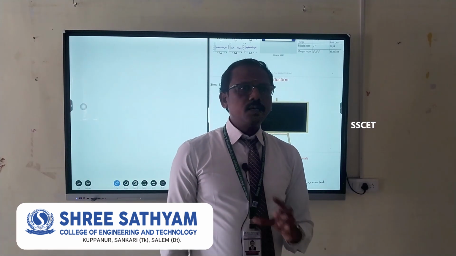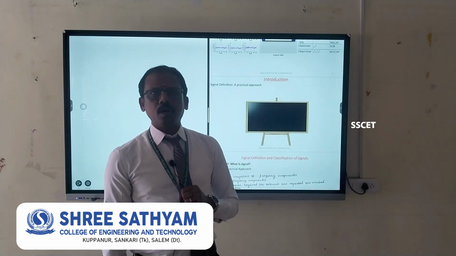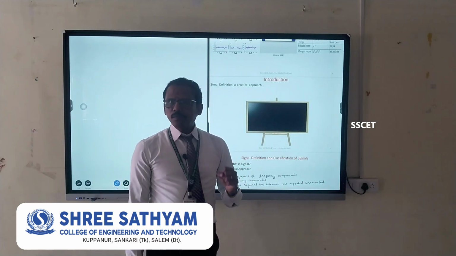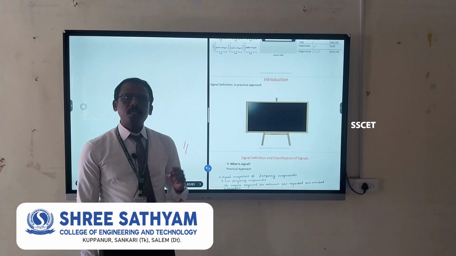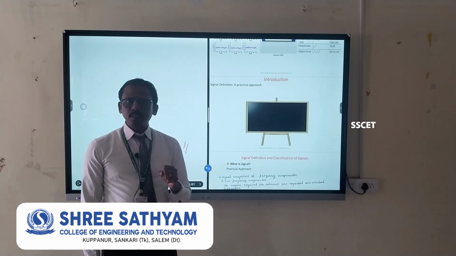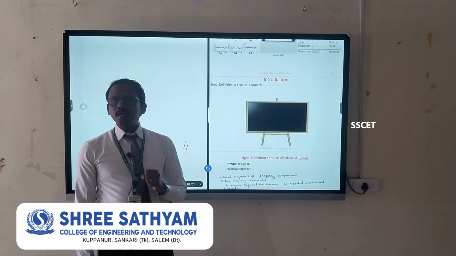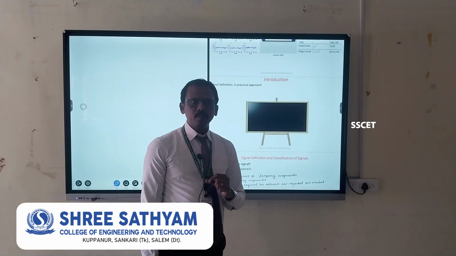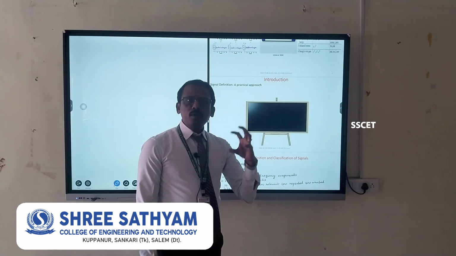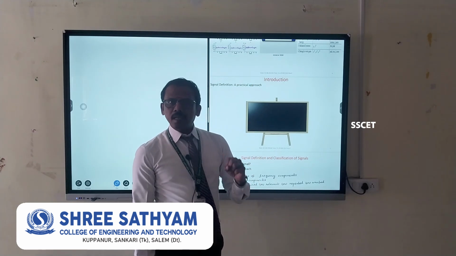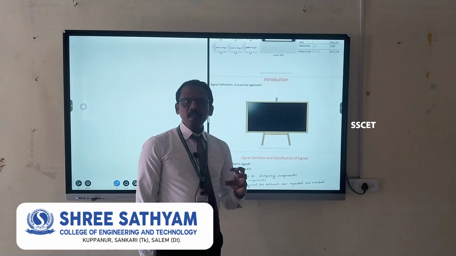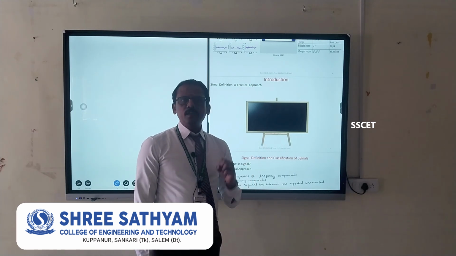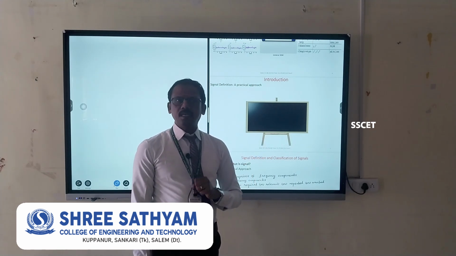In all signals we have two kinds of frequency components, namely low frequency components and high frequency components. First, as an electronics and communication engineer, you should be able to identify where the low frequency components exist in a signal, and similarly where the high frequency components exist in a signal.